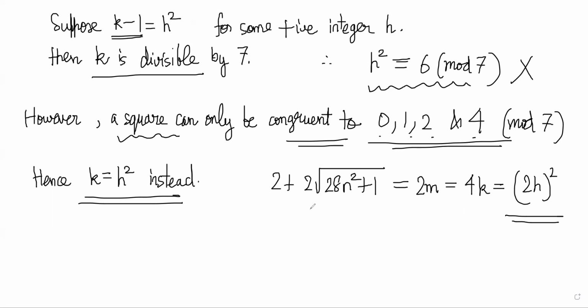Basically, it's a perfect square in this case. Because if k is h square, then m is 2h squared, right?